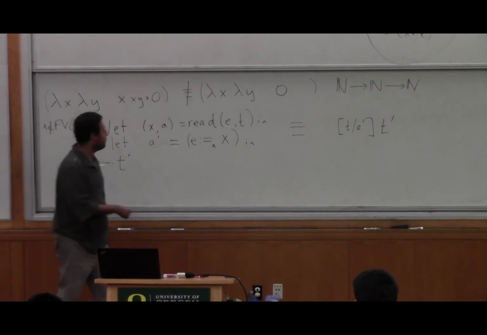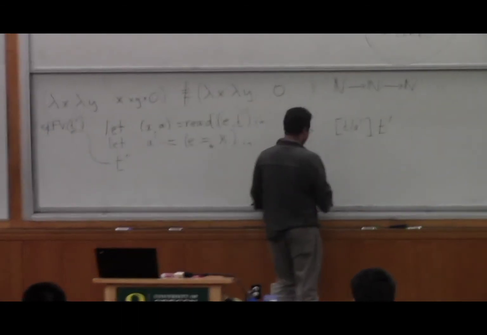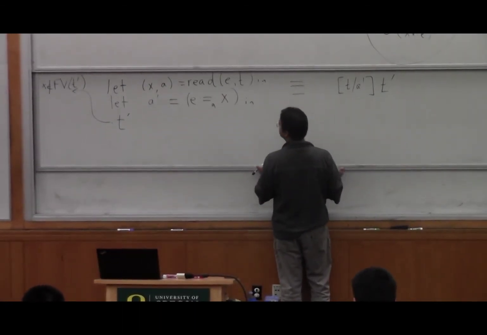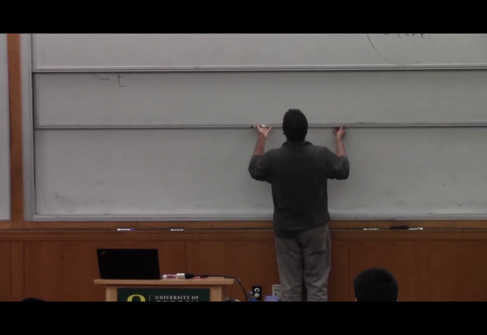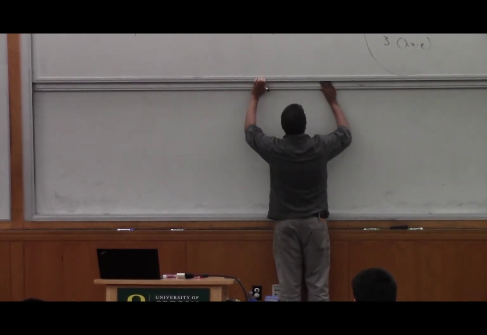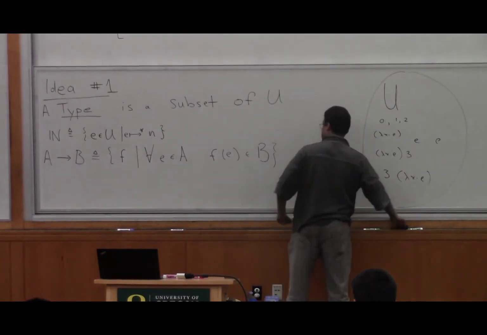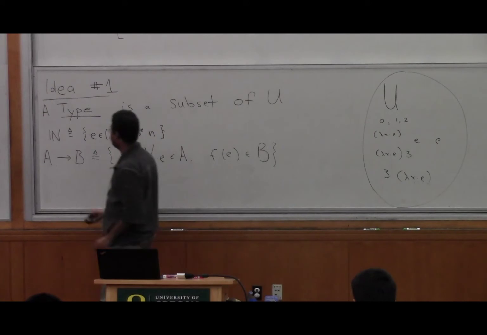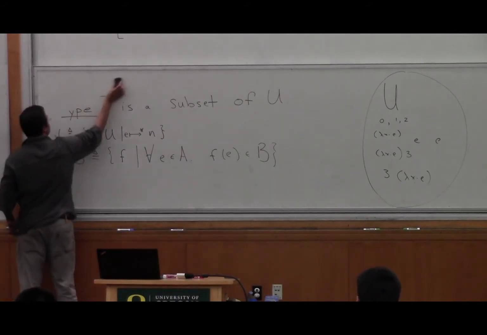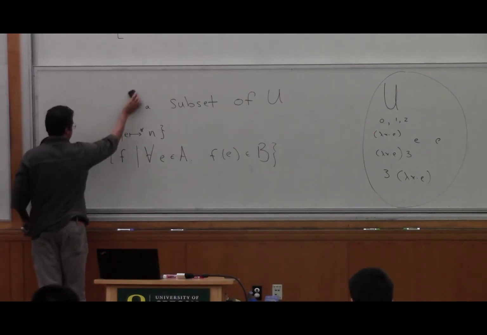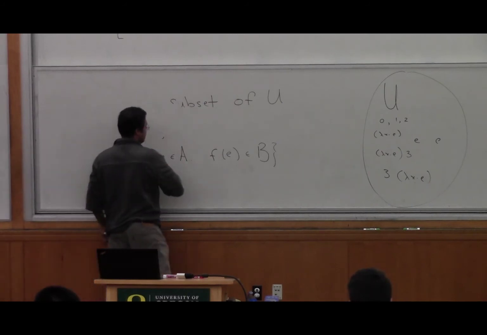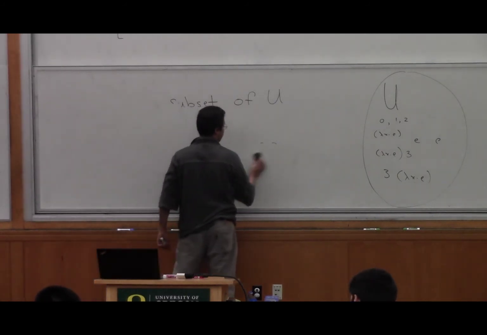So if we have this kind of rule, there are transformations it doesn't justify.